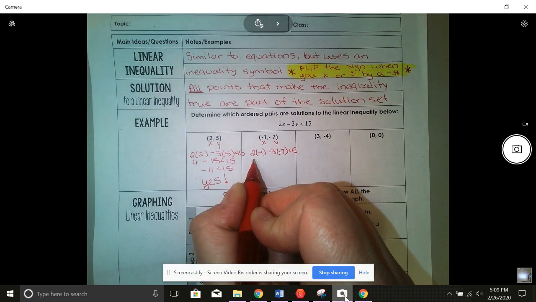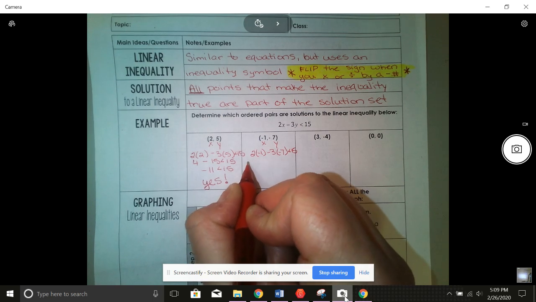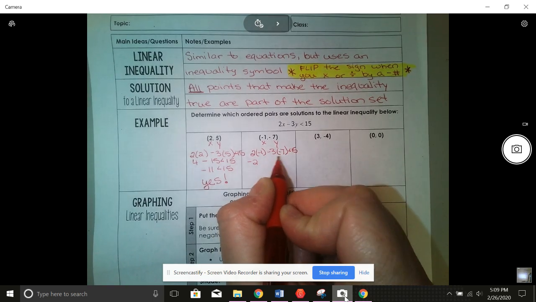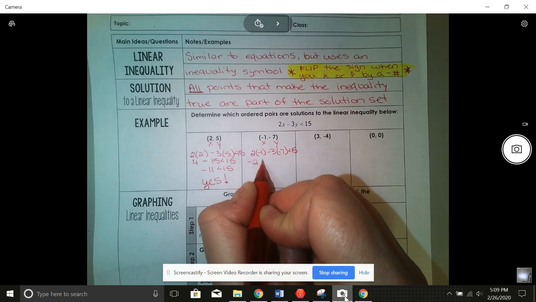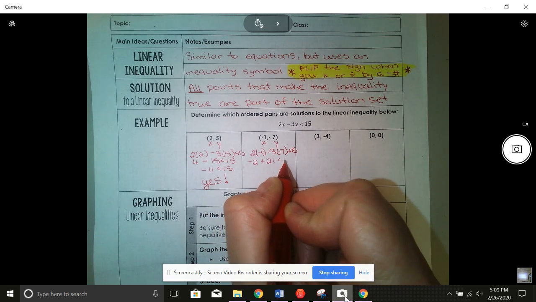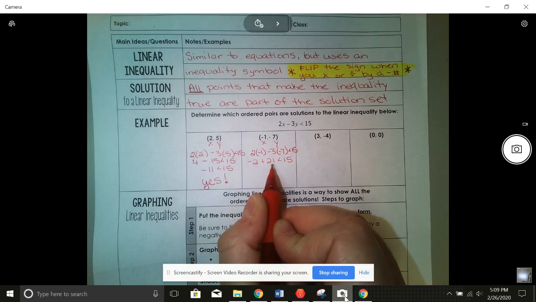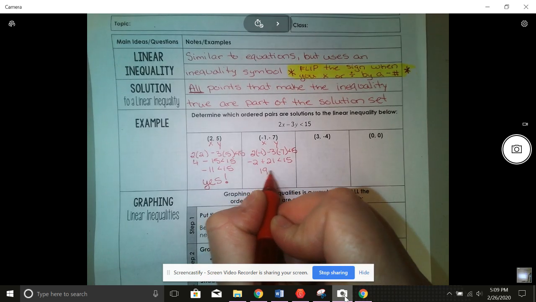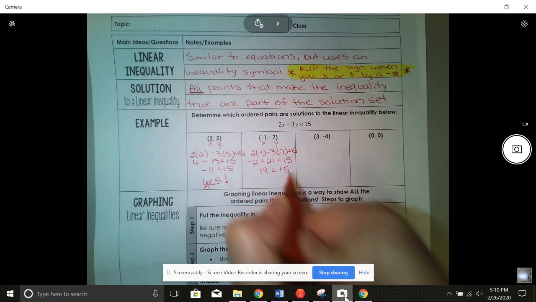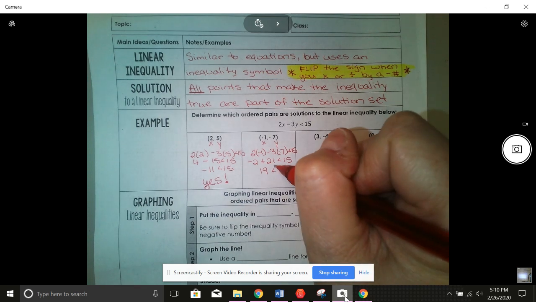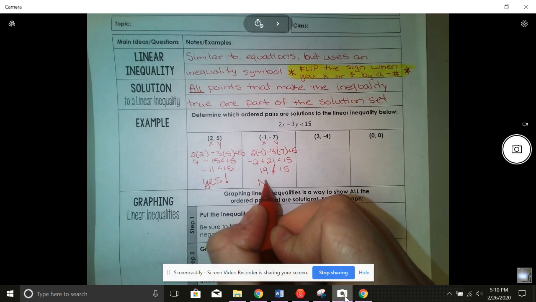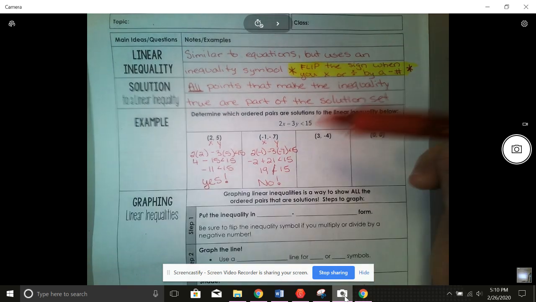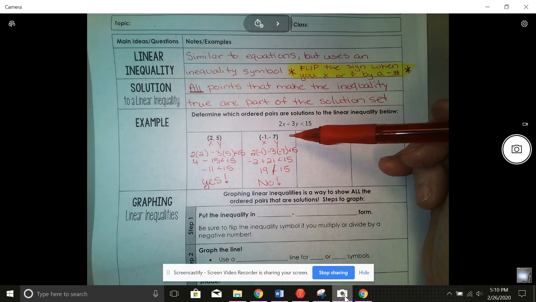Okay, little arithmetic. 2 times negative 1 is negative 2. Negative 3 times negative 7 is positive 21. Negative 2 plus 21 is 19. 19 is not less than 15. So no, this point is not part of the solution set. It is outside of the solution set.